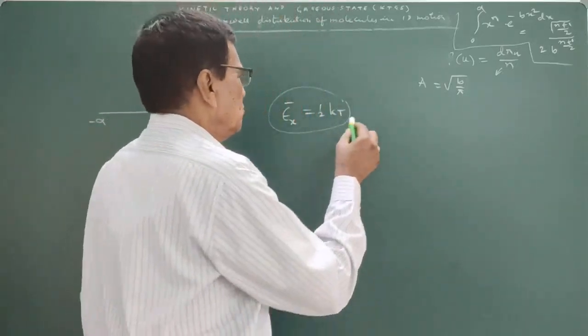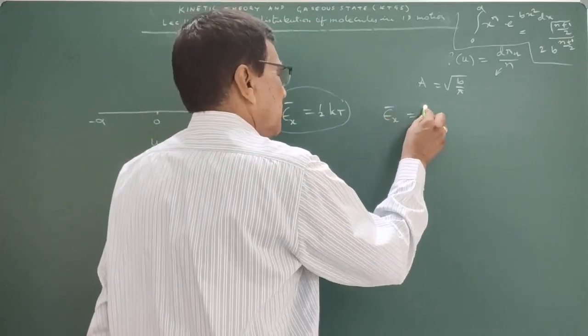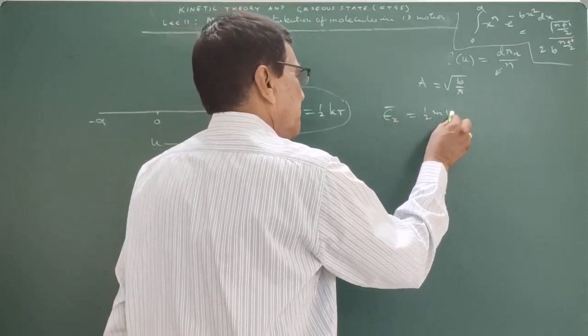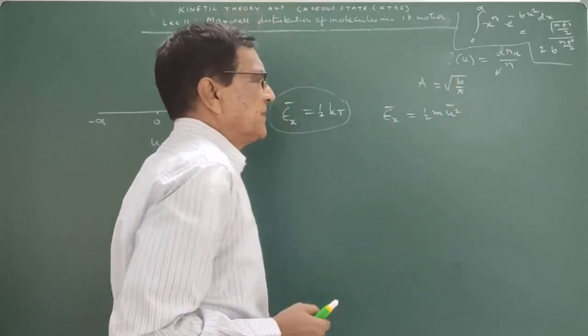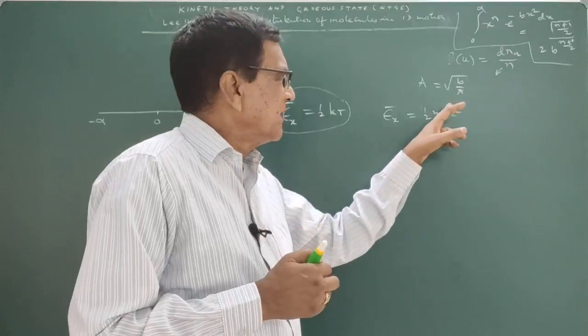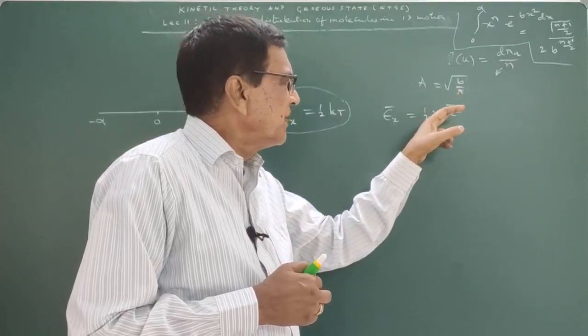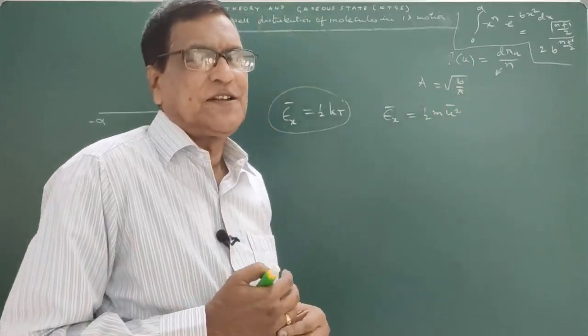And also this epsilon x bar is equal to half m u square bar. m is the molecular mass and u square bar is the mean square x component velocity.